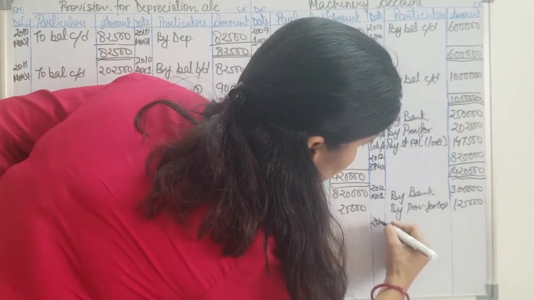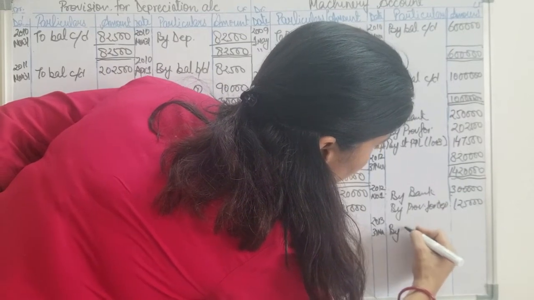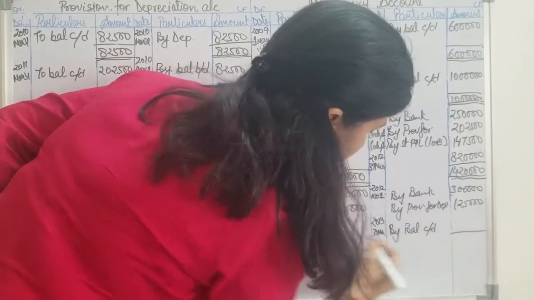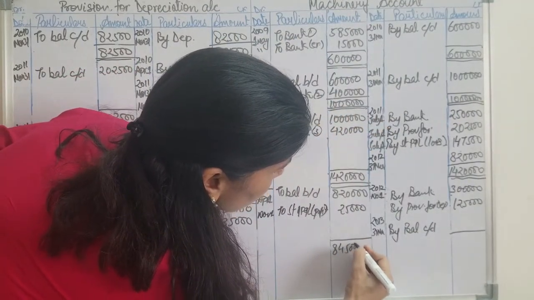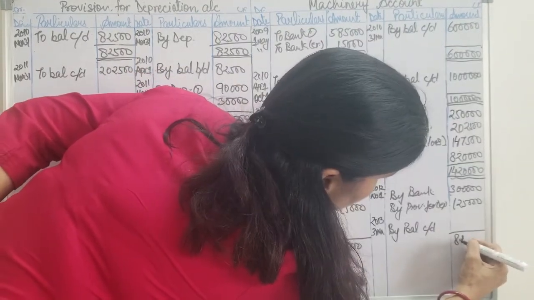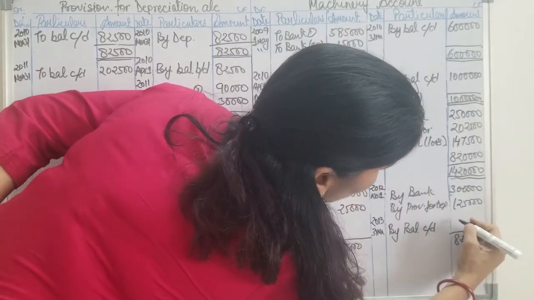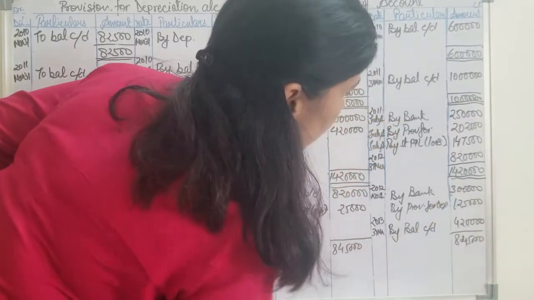So 2013 31st March by balance carried down, and the amount is 8,45,000 on this side, and to make it 8,45,000 on this side, we have to add 4,20,000, which is our balancing figure.